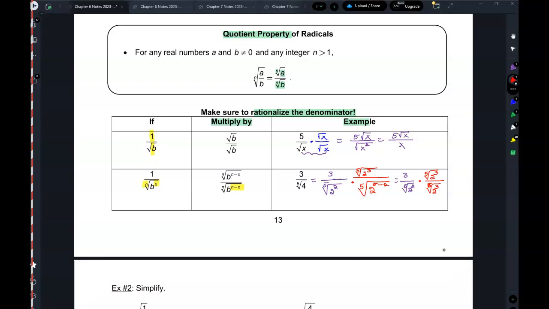But where's the 3 on top? The top 3. Okay, whatever you multiply on the bottom, you multiply the same thing on top. Okay, let's start again. Let me not write the minus 2.